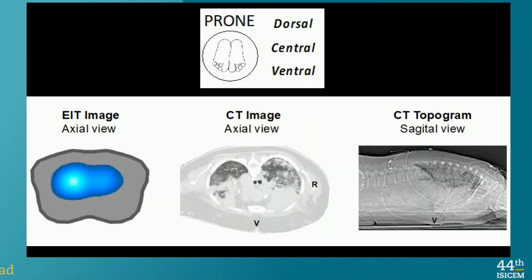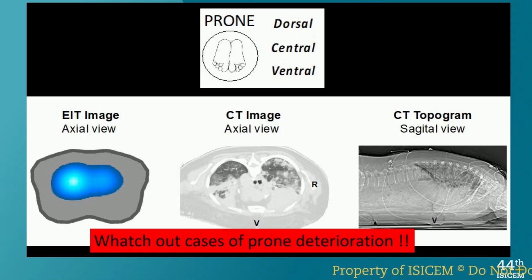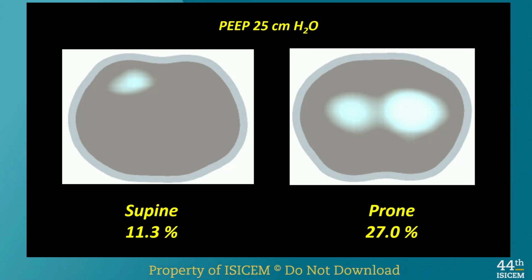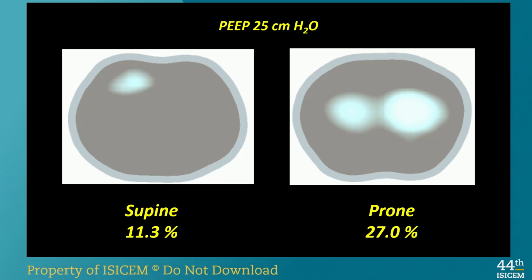When we turned him prone, he had a massive collapse in ventral regions because the belly was compressing the lung. So every patient behaves in a different way. And some patients have more overdistension in prone. So you can have more collapse or you can have more hyperdistension. You have to retitrate PEEP.